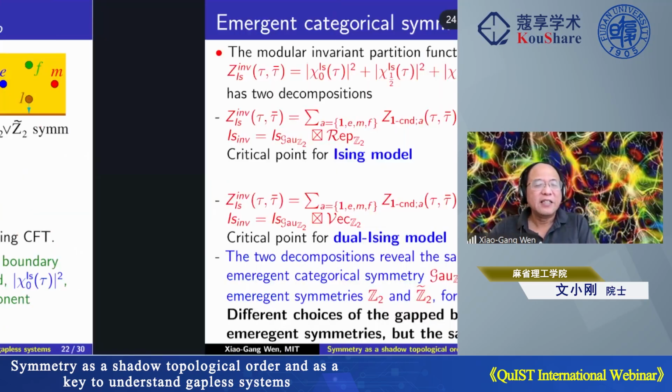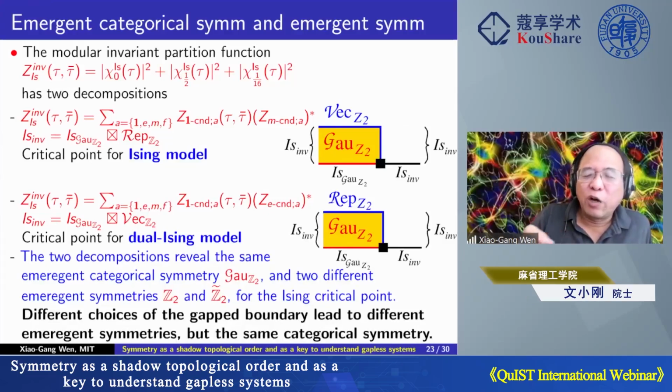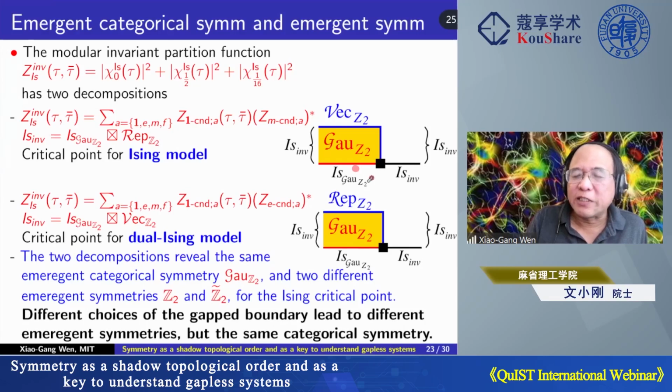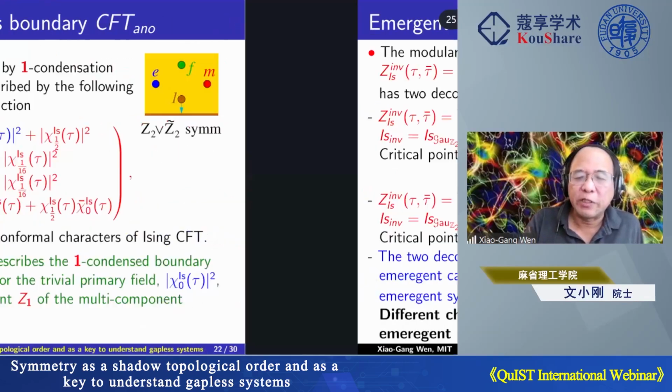Okay, so now we can combine those results. So we can do this. We can choose this anomalous CFT. This Ising CFT is an anomalous CFT described by this multi-component partition function.